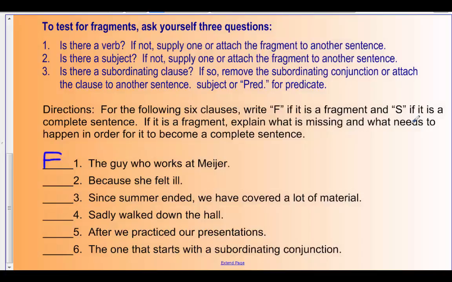So when I want to explain what's missing and what needs to happen to make it a complete sentence, this thing needs a predicate. It needs a verb. So maybe I want to say, "The guy who works at Meijer gave me a free ice cream cone." Or "The guy who works at Meijer is nice." But I need some kind of a predicate to it.